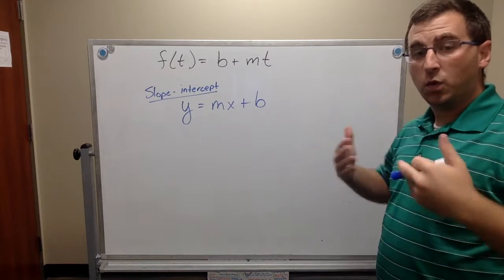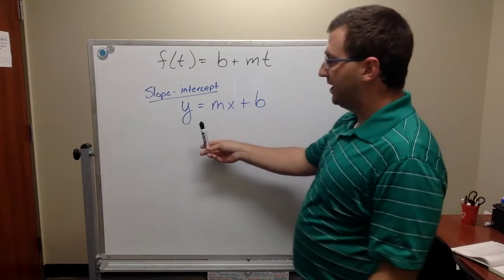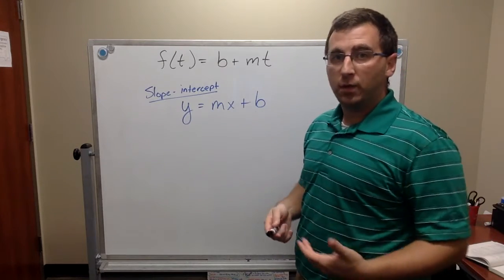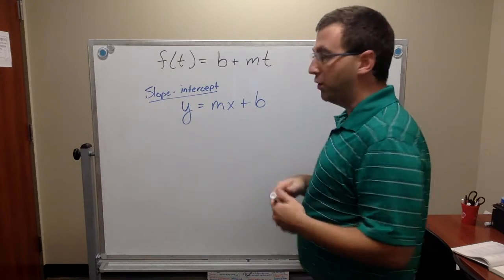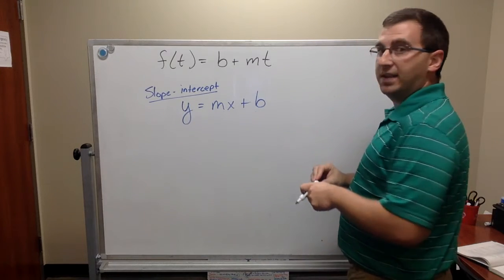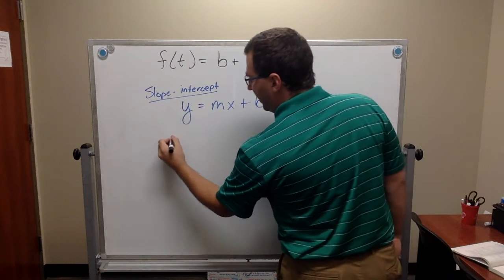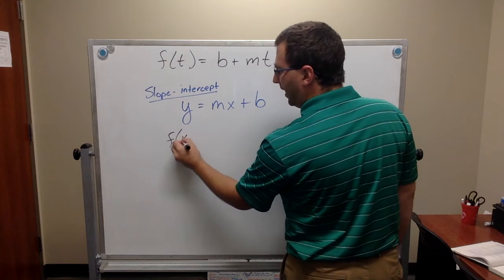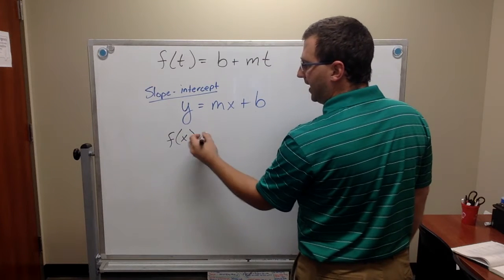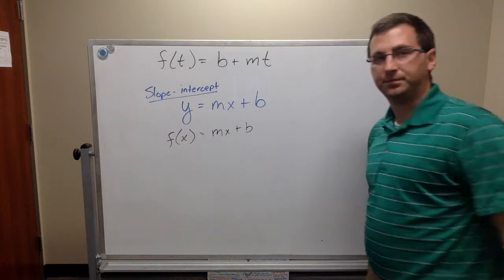Now, since this course deals with functions more than anything, anytime you see a y, you always want to put f of your variable, f of something. Usually in our case, we deal with f of x. So, as a function, this standard notation of slope-intercept form can be rewritten as f of x equals mx plus b.